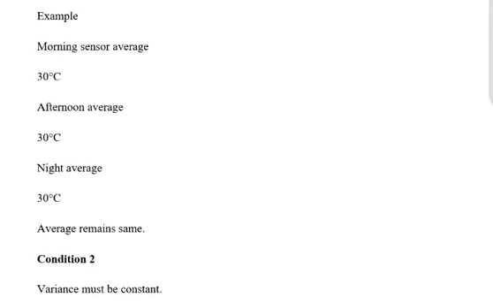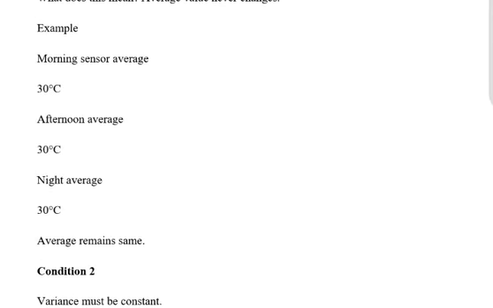If I take an example where in the morning I measure the average temperature, in the afternoon I measure the average temperature, and at night I also measure the average temperature, and all these averages are 30 degrees, 30 degrees, 30 degrees, which means the average remains the same, then I can call such a process a wide sense stationary process.